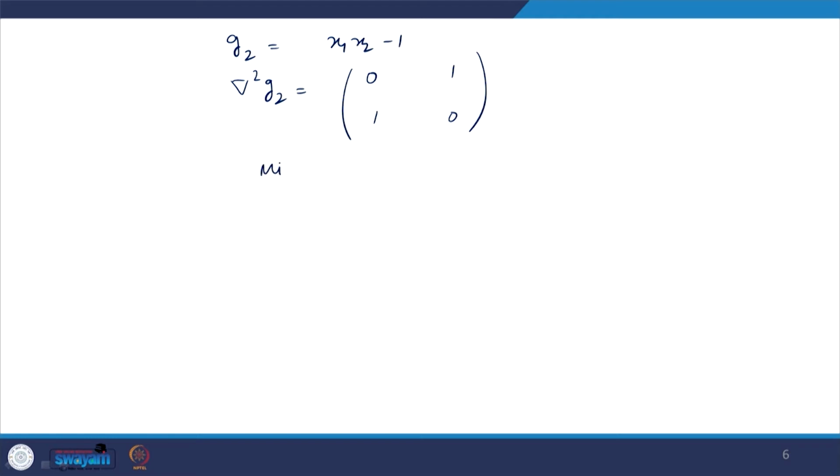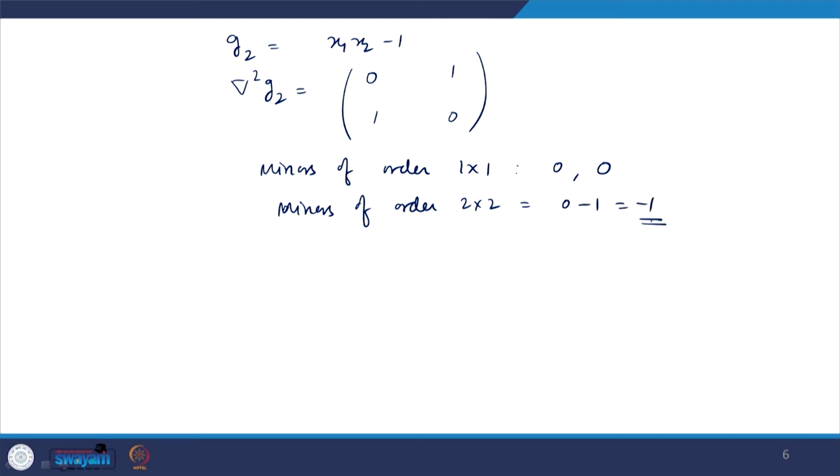So, minors of order 1 cross 1 are 0 and 0, and the minor of order 2 cross 2 is 0 minus 1, which is minus 1. So, this makes it indefinite. Okay. So, this Hessian is not positive semi definite, and hence this function is not convex. So, this implies G2 is not convex.